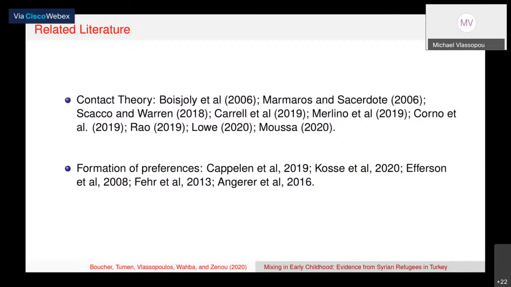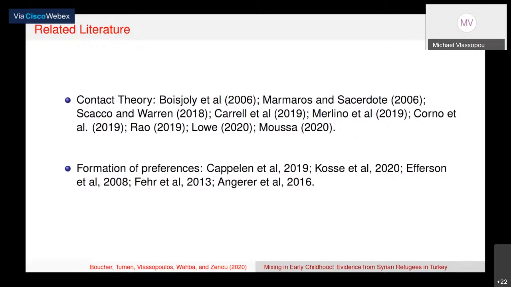literature is how contact plays out in early childhood, which to the best of our knowledge hasn't been investigated, and also we're looking at contact between refugee and native kids.